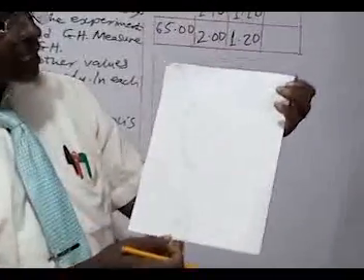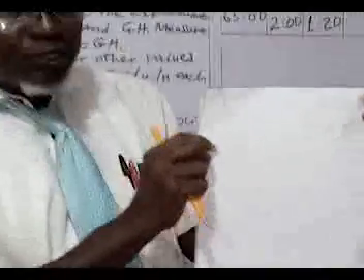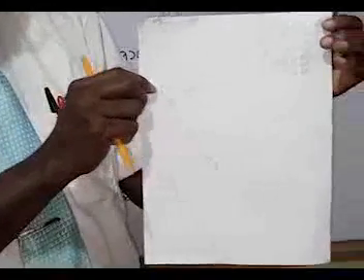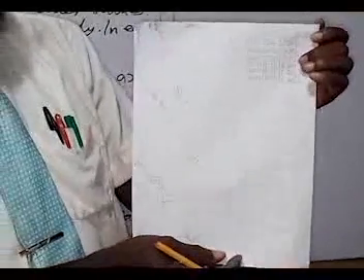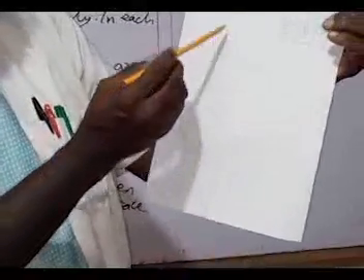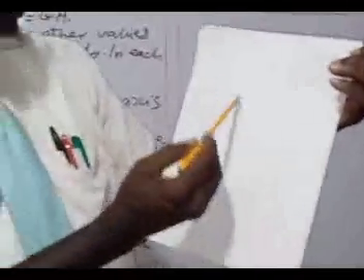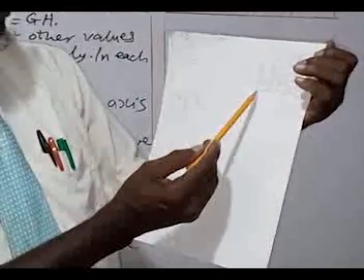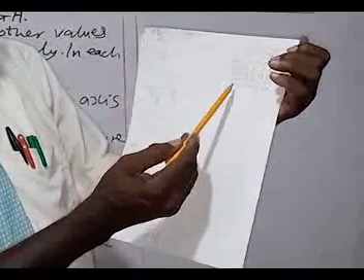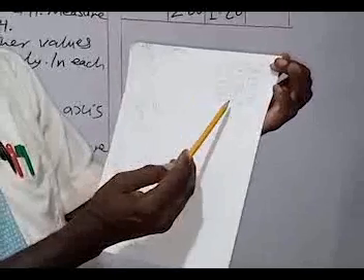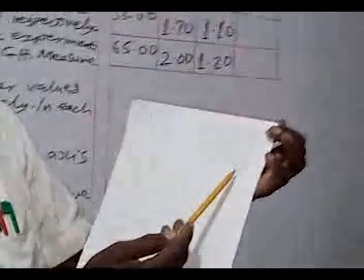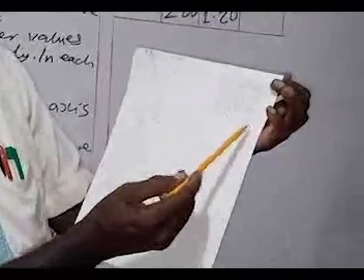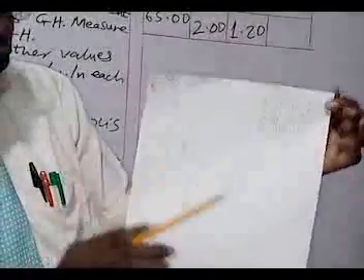All candidates that perform this experiment must submit this paper, because if you don't submit it, you lose mark for traces, which is 2 marks. You lose another 2 marks under incident angle, 2.5 marks for D, 2.5 marks for L, and 1 mark for table. That is 10 marks if you don't submit these traces, as simple as it is.